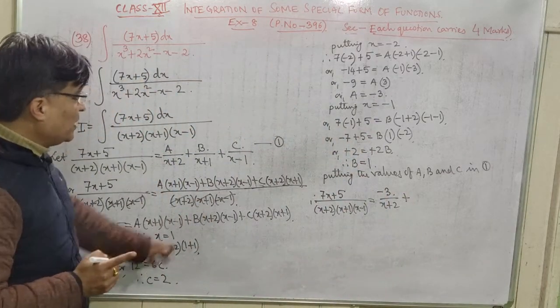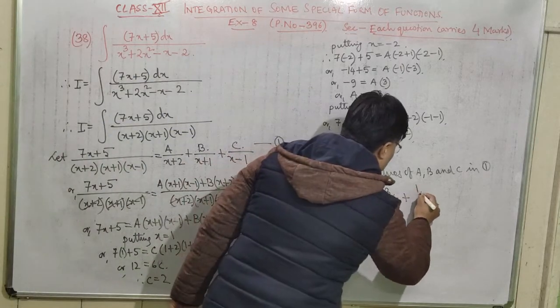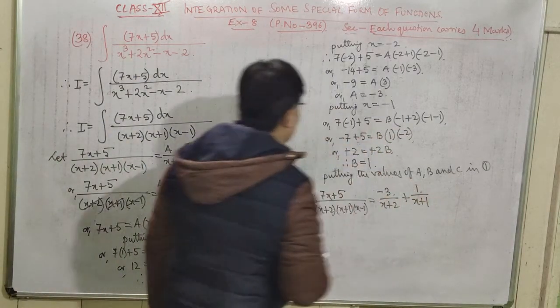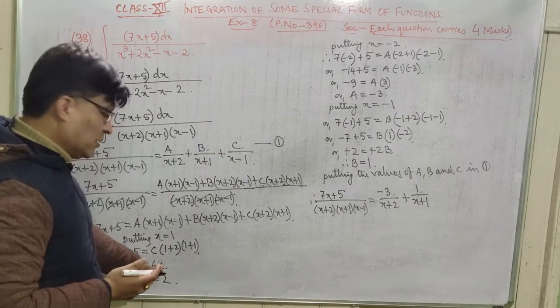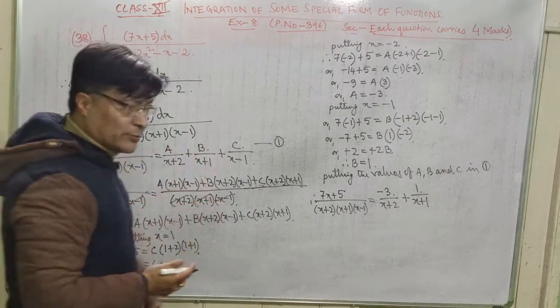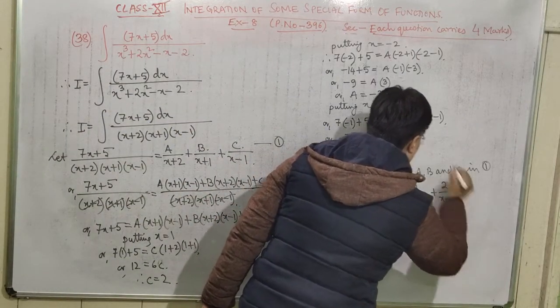Next, what is the value for b? b is 1. So it is 1 upon x plus 1. Next one is plus c. c here is 2. So plus 2 upon x minus 1.